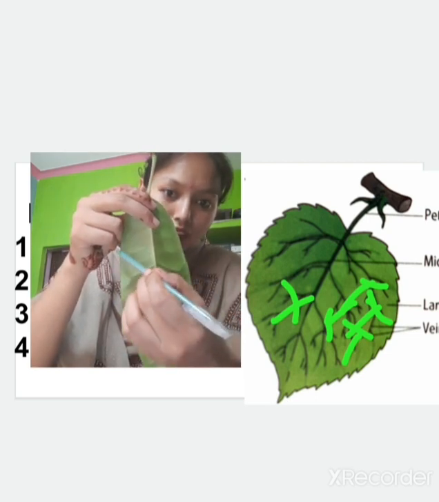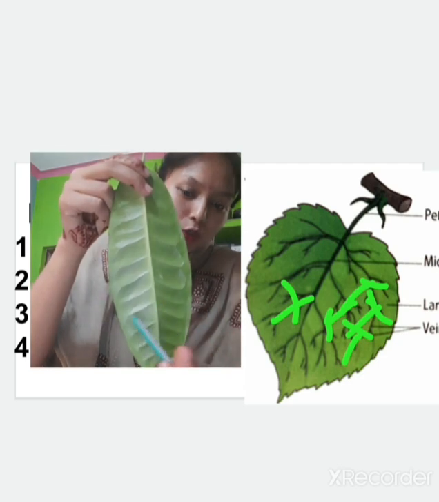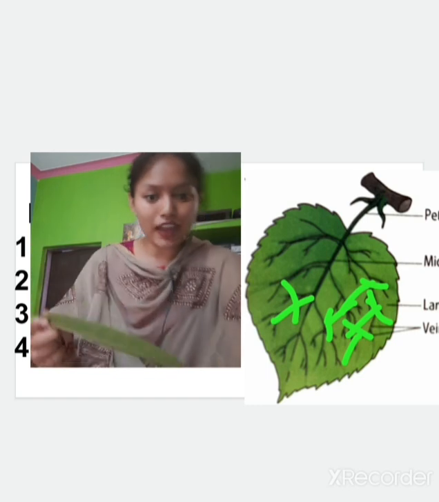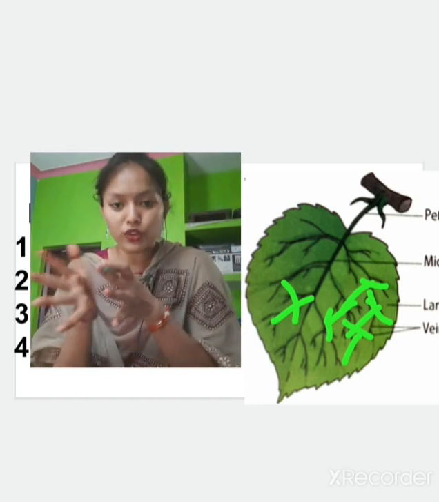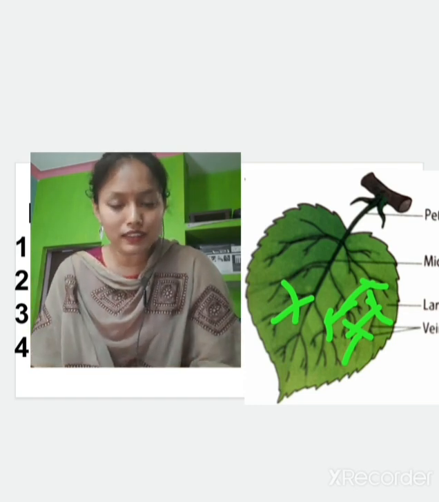They are parallel to each other. One vein is parallel to the other vein, and in the one seen in the image, it is not parallel. They are going from here to there. No symmetry is there, no parallel arrangement.